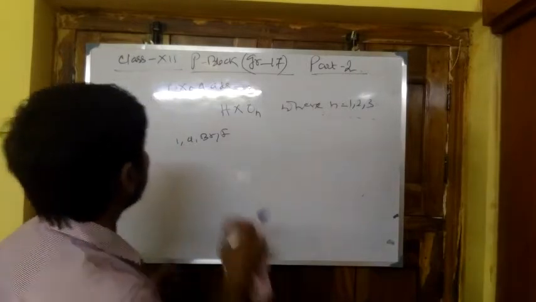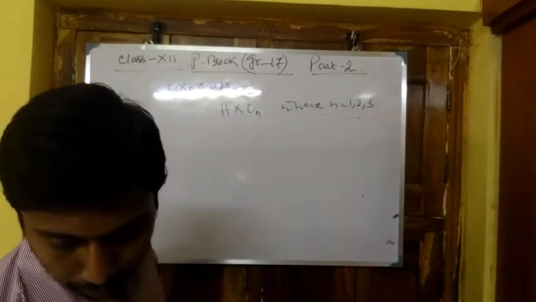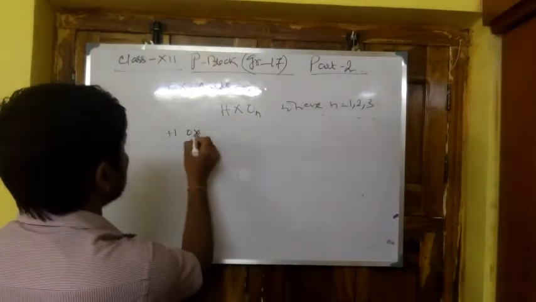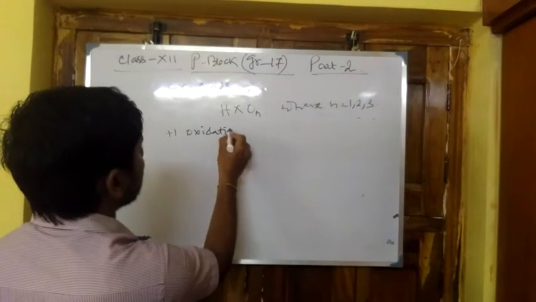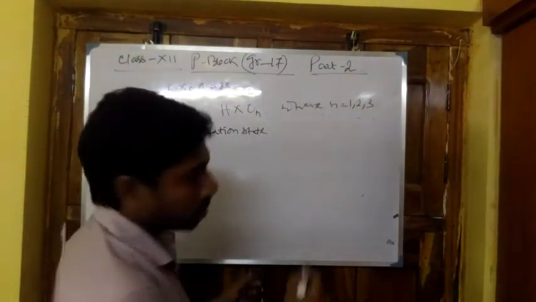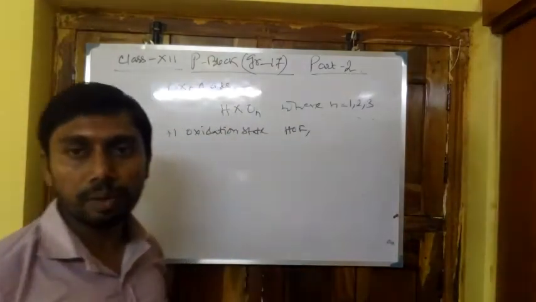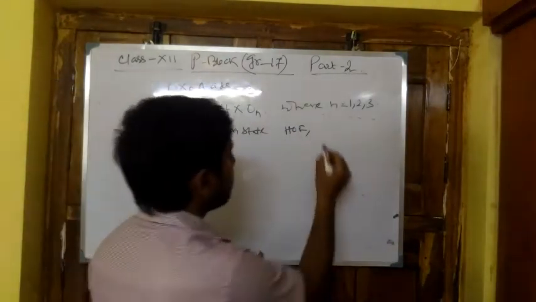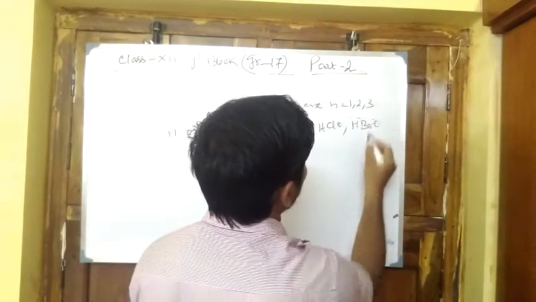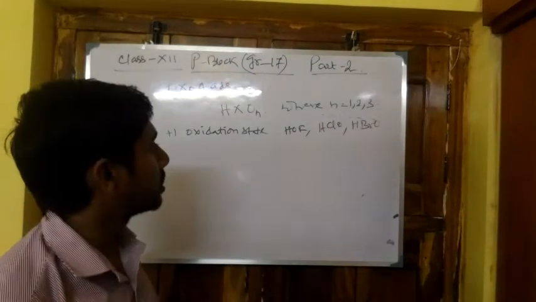There are specific examples. First of all, in +1 oxidation state, the examples are HOF, HClO, HBrO. Here is the +1 oxidation state example.